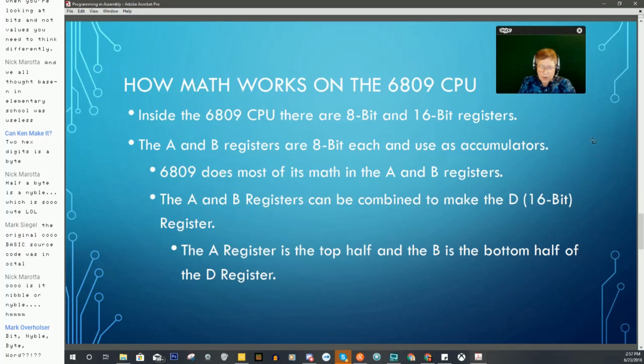Now you've got to remember, way back in the day when these processors were being designed, they were being designed for people that did assembly work. They would go to their bosses and say, I like programming on this processor because it does the stuff easy. And so they would buy those processors to put in their equipment.